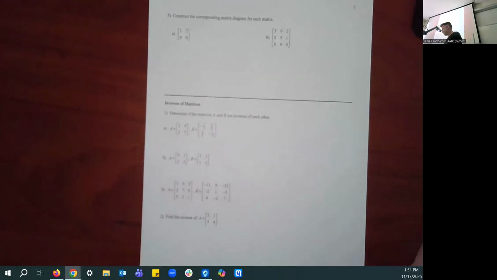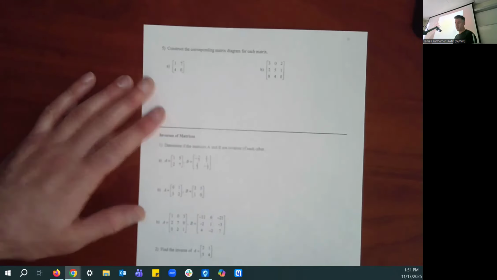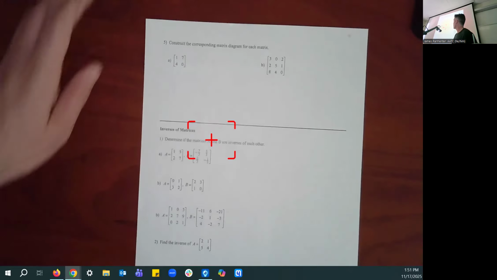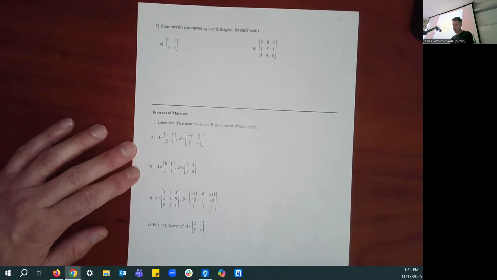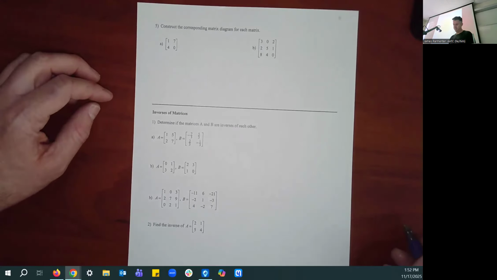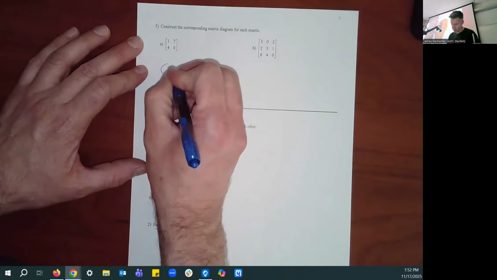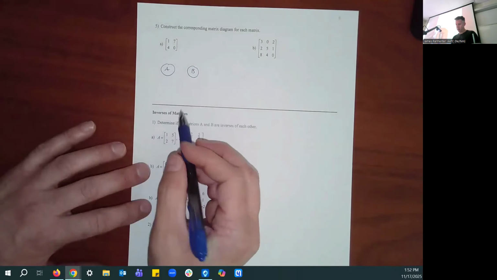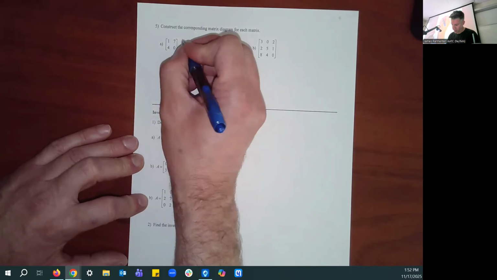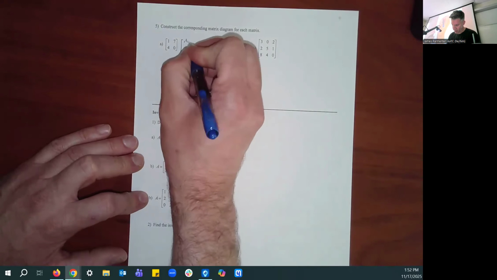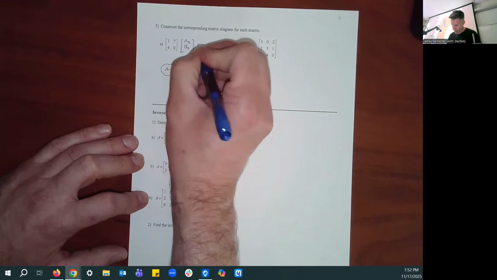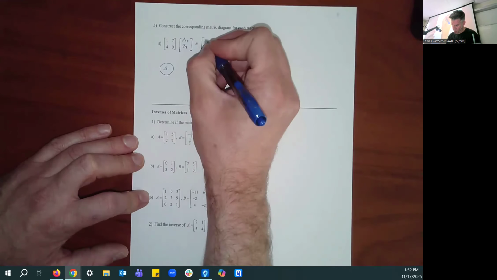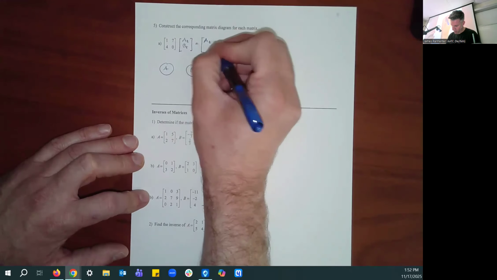It might be harder the other direction, actually. Instead of starting with the diagram and writing the matrix, starting with the matrix and writing the diagram. Okay. So here I've got A and B. So here's what I'm thinking of. I'm really thinking of multiplying this by some AT and BT and getting 1 AT plus 7 BT.